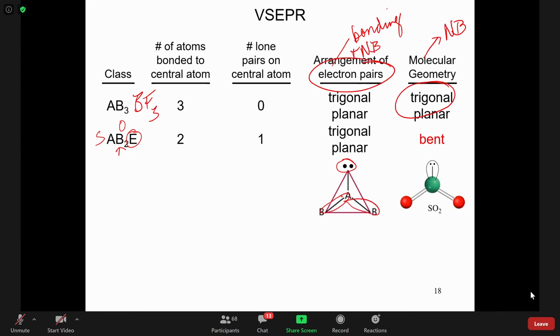So that's still going to be trigonal planar. However, if we look at just the bonded atoms, we have bent. Okay, do you see the distinction? Yes, Rachel, that is exactly it.